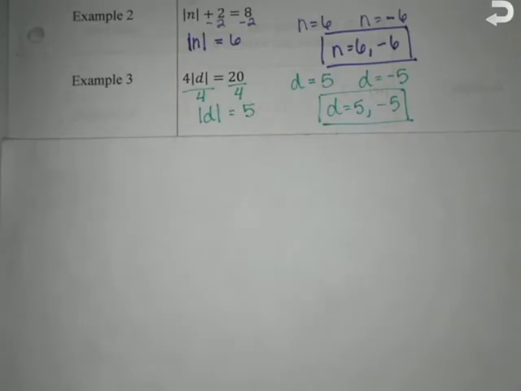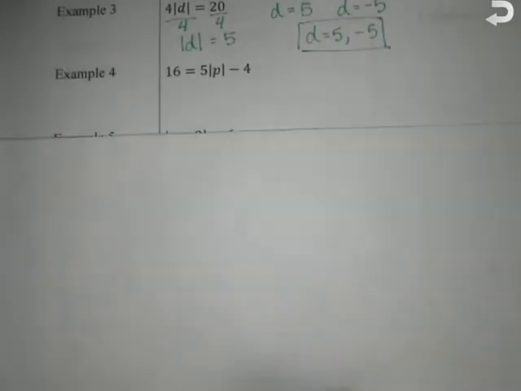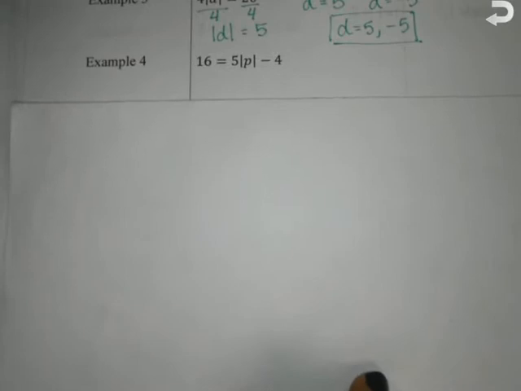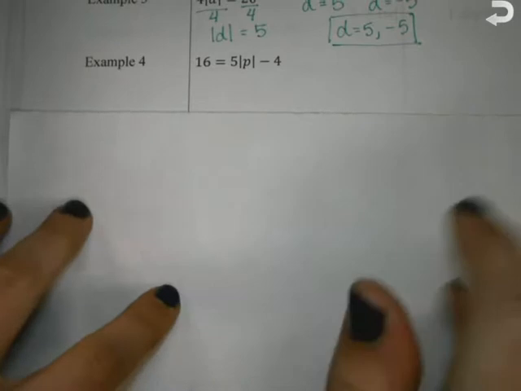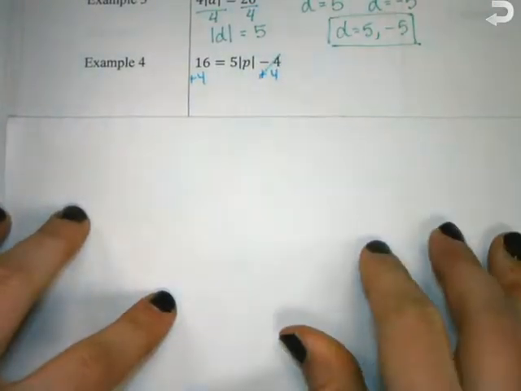Okay. So now example 4, we have kind of a two-step one. What do I need to do first to get the absolute value by itself? Add 4 to both sides. So we're first going to add 4. So that gives me 20 equals 5 times the absolute value of p, and then I divide by 5.